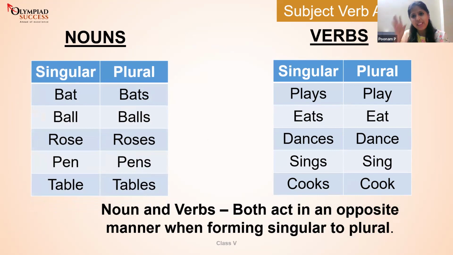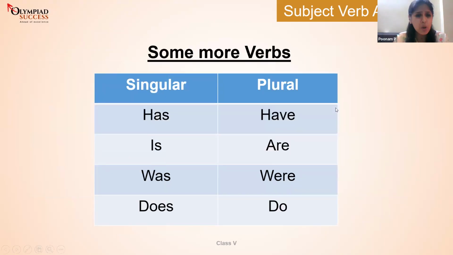The ones without S are considered plural. So basically, nouns and verbs act in an opposite manner when forming singular and plural. Please understand this thoroughly, to understand subject verb agreement. Now, some more verbs. They are helping verbs.